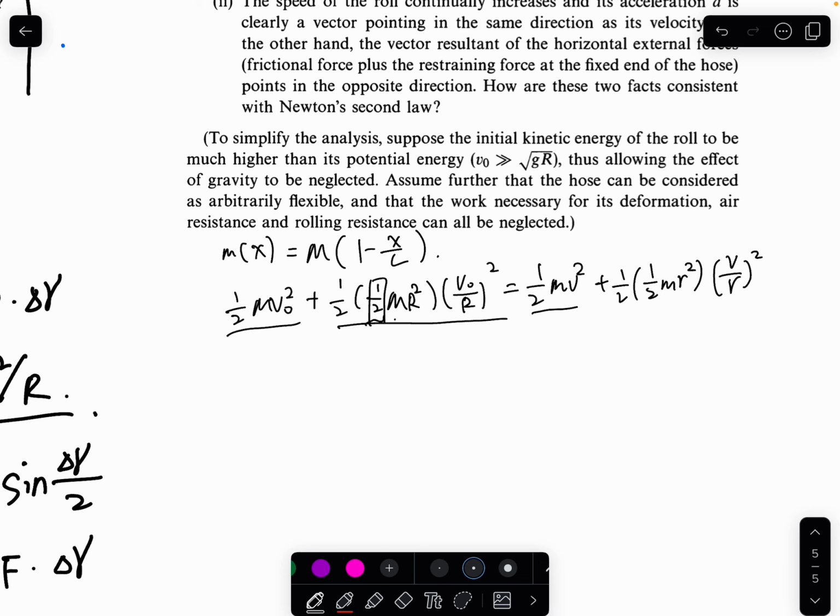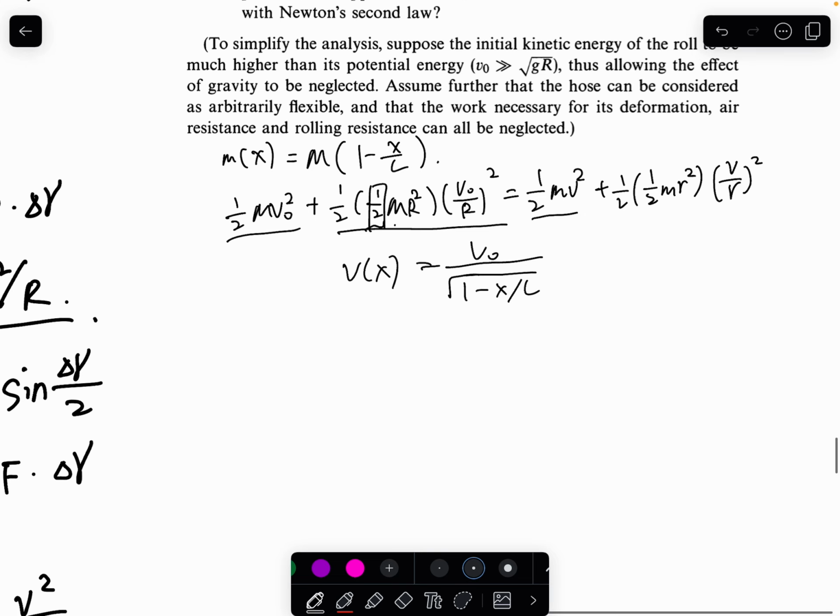So we can actually know that Vx equals to this. This is very easy. So when x increases, the velocity increases, and we calculate for the time t. It is actually this, right?